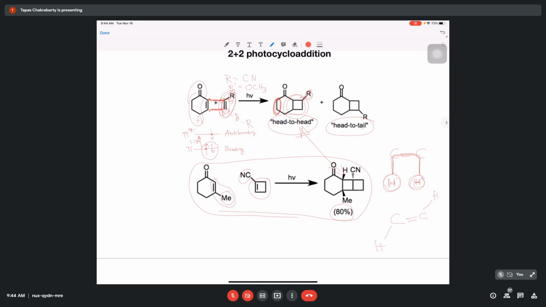But if it is an anti-type structure, their spatial separation is larger, so the extent of splitting will be smaller. So depending upon the pattern of the splitting and the energy spacing caused by it, you can very easily distinguish between the head-to-head and head-to-tail isomeric structures.